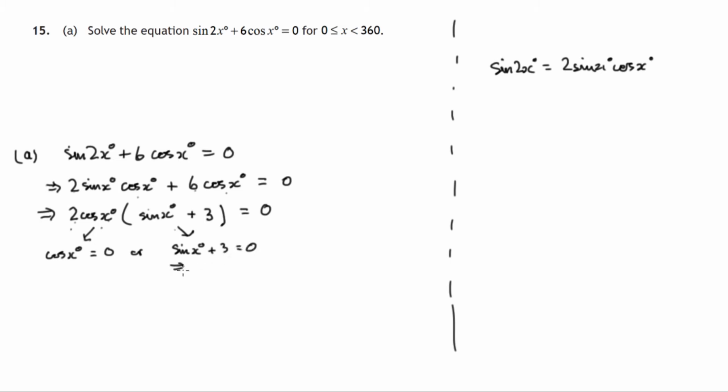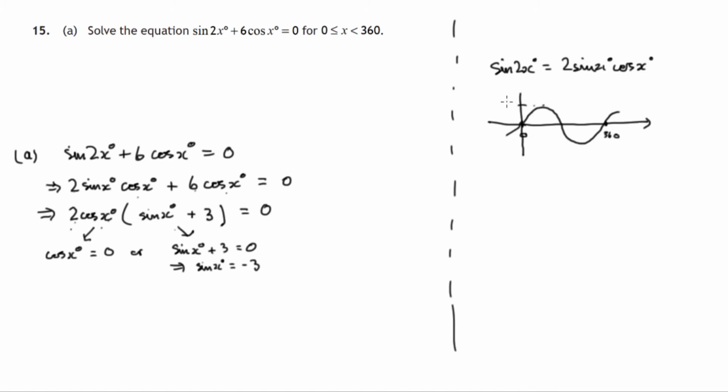Now this second possibility would lead to sine x being a value of -3. So we're hunting for an angle whose sine is -3. Let's remind ourselves of what the sine graph looks like. And that continues beyond the 0 to 360 degree cycle.